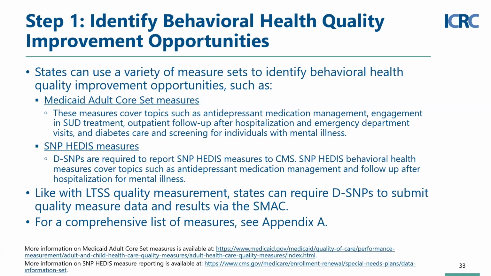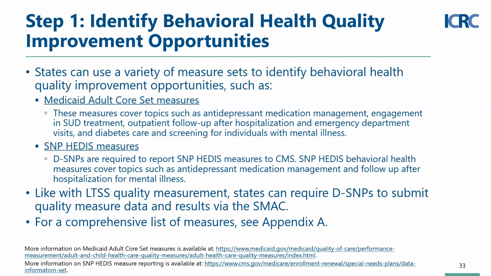As we described earlier, while it is not mandatory for states to include dually eligible individuals in their adult core set reporting, CMS expects to phase in dually eligible individuals into mandatory core set reporting, and some states already collect and report data for this population. Therefore, states can consider how they might use adult core set measures in their behavioral health quality improvement activities for dually eligible individuals.